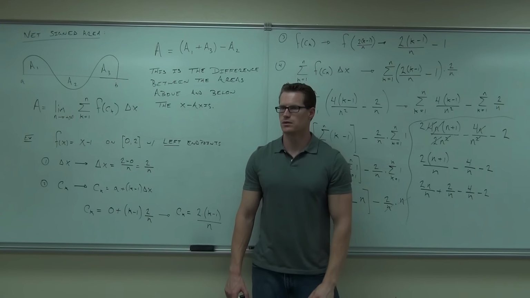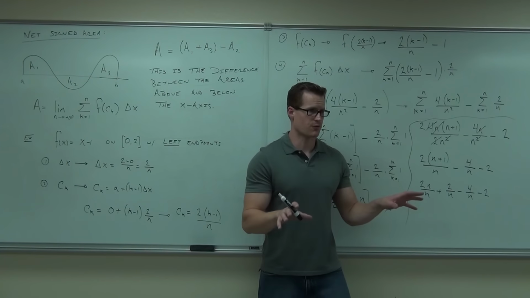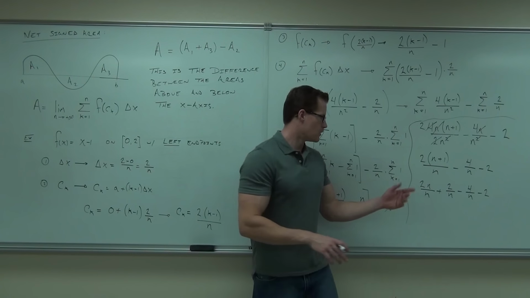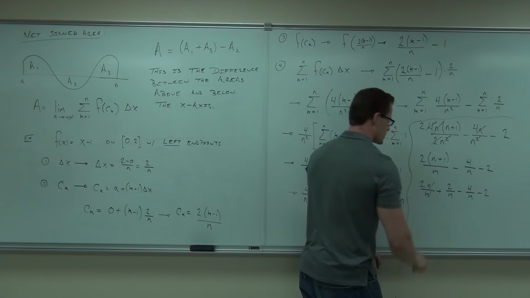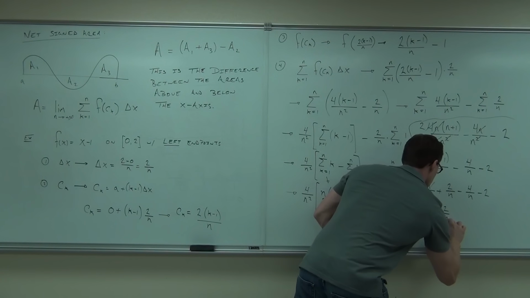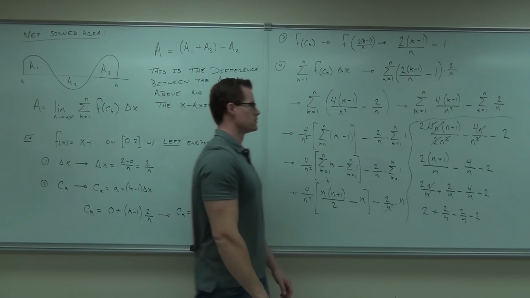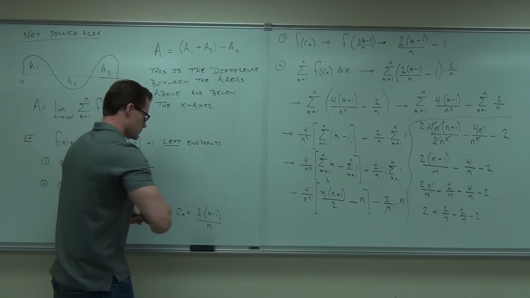Yes, no? There's some basic algebra, but I want to make sure you're really solid on this before we go any further. Are you really solid on that? Mm-hmm. What's nice about this, that's going to be 2. Got it. Man, we're almost done.